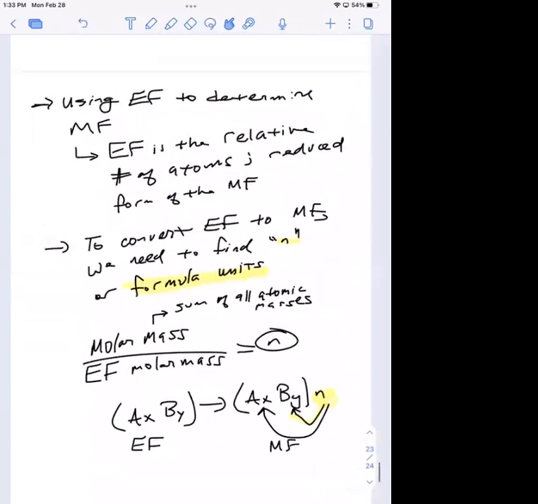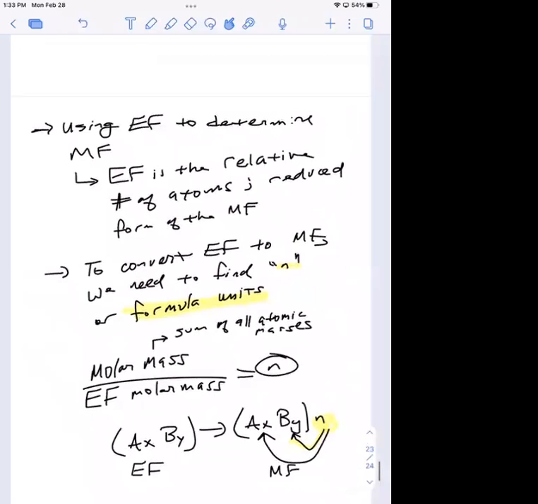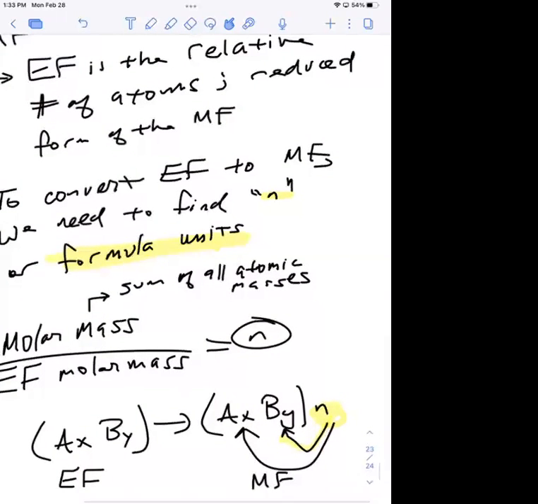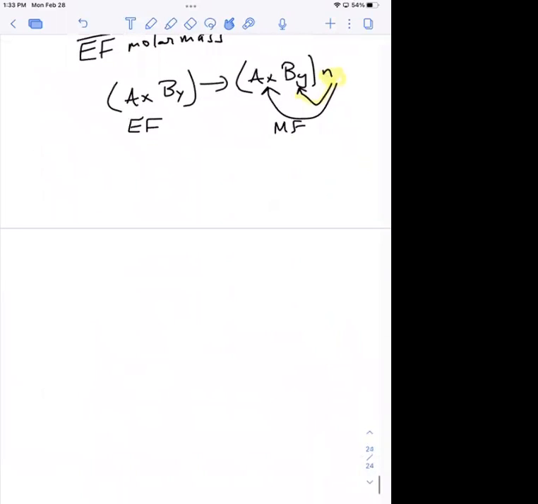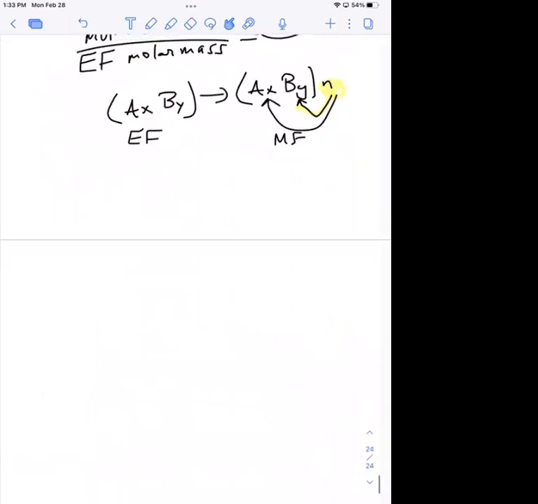So now we're going to use empirical formula to determine molecular formula. Once we know the empirical formula and the molar mass of the molecular formula, we can find N, the formula units, and once we do that, we're in the clear. Let's do this example and walk it down. No matter what's presented, we can always walk it down.